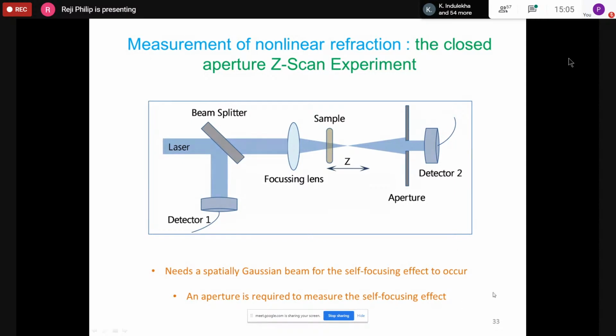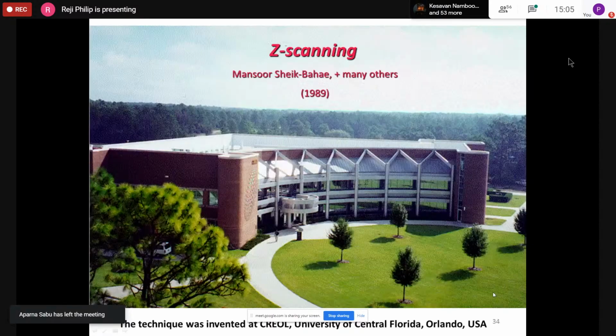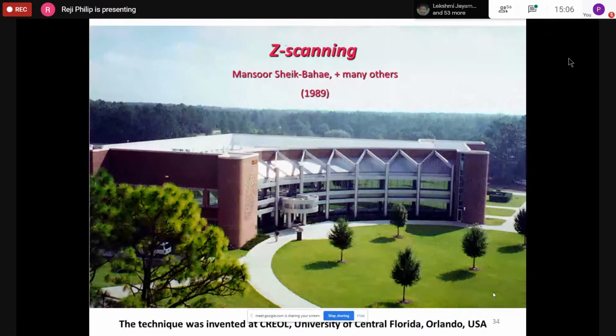This very popular technique, the C-scan, was discovered by Mansoor Sheikh Bahaye under the guidance of Professor Vance Fryland in this department called CREOL at the University of Central Florida in Orlando, in the US.